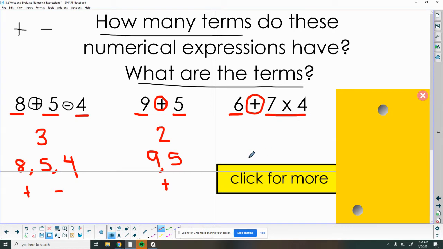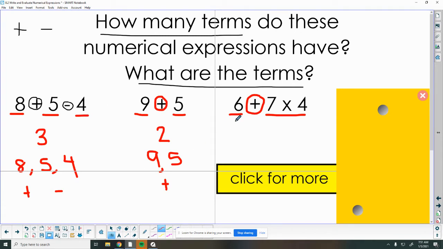Every time I have 1 add or subtract sign, that means I have 1 more term. I had 1 add or subtract sign, so I had 2 terms. When I have 2 add or subtract signs, then we had 3 terms. So we've always got 1 more term than we have add or subtract operations.